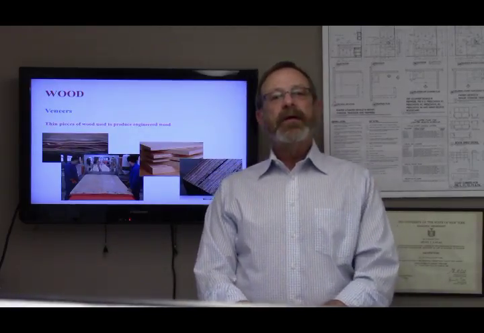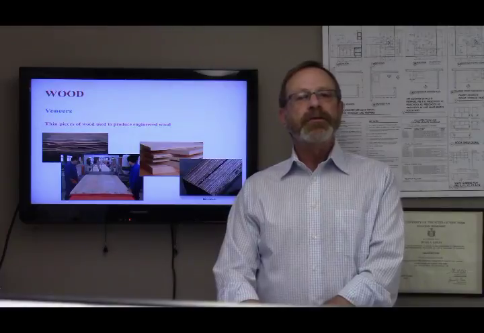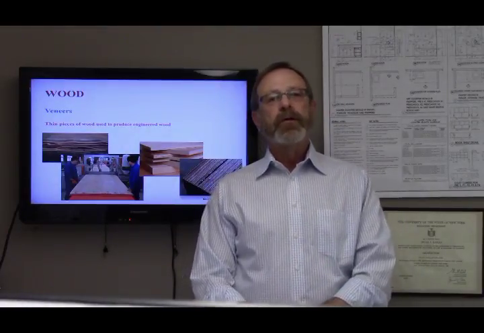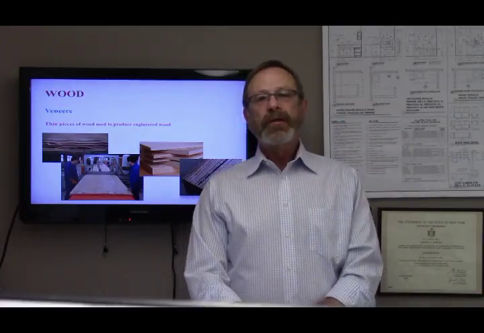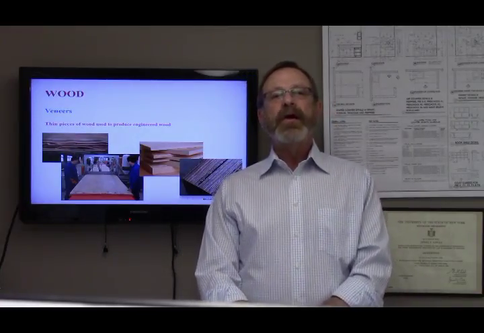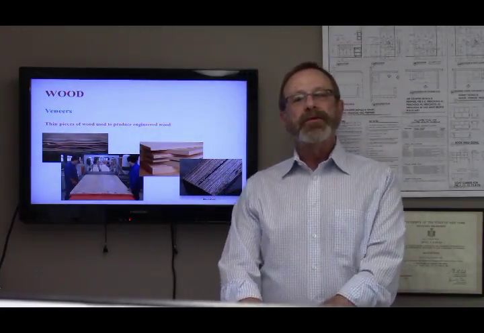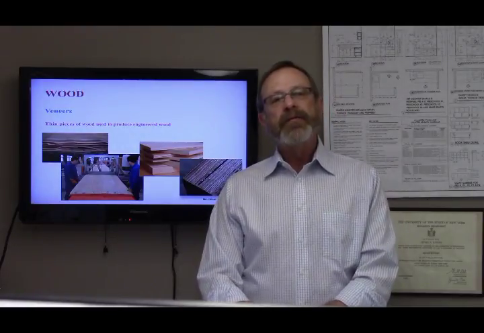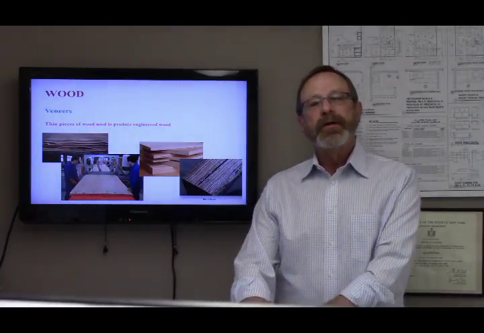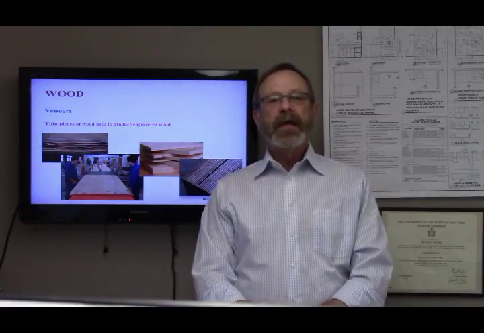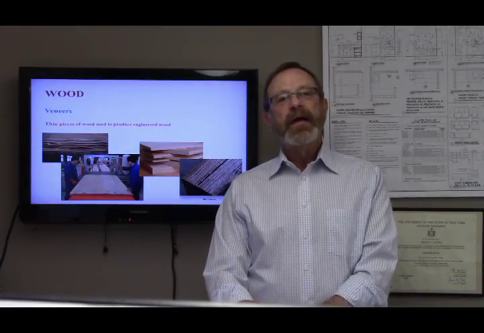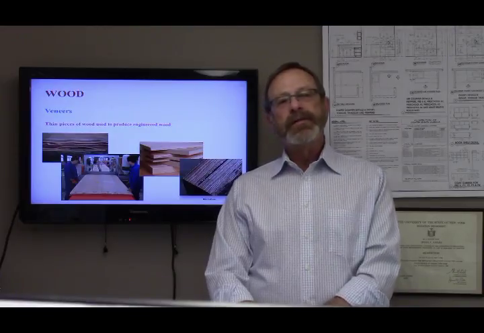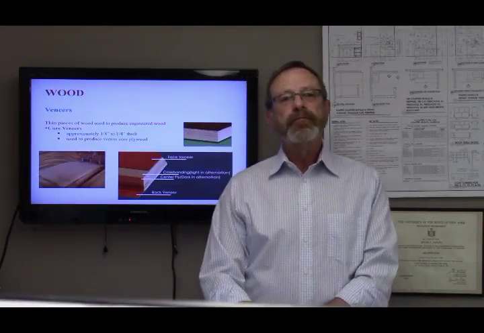In North America, the inner ply species are usually a softwood, such as fir or pine. Veneer core panels are relatively light in comparison with other engineered composite panels, typically weighing about 70 pounds per 3/4 inch 4x8 panel. Veneer core offers great strength and stability with good spanning properties.